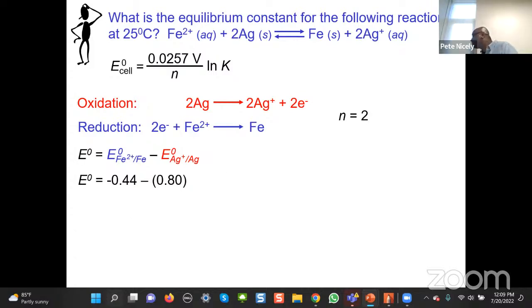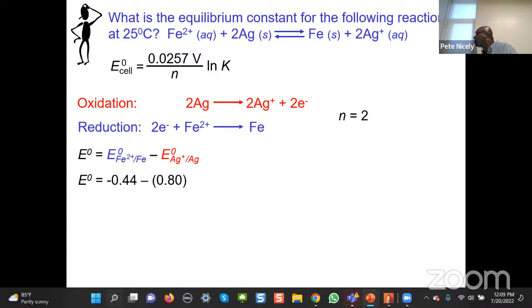So hold on one minute. For the reduction potential for the iron half cell, I have a sneaking suspicion these numbers are not correct. So let me do a quick check here. Let me go to the tables.